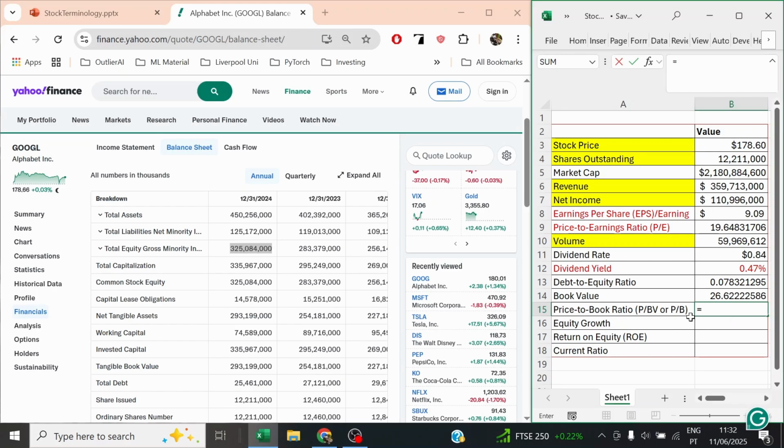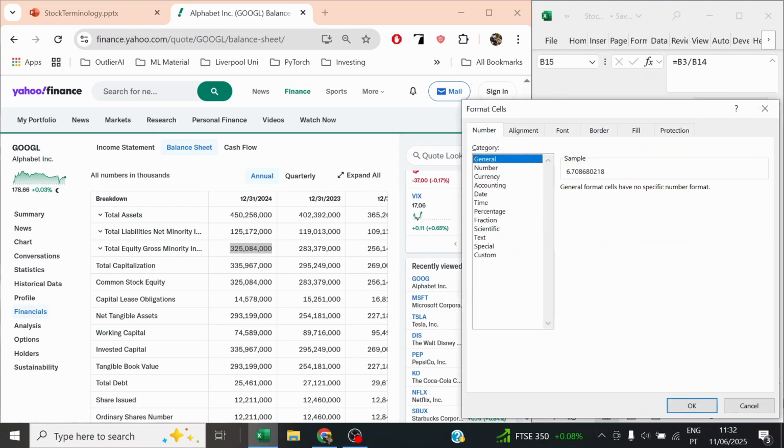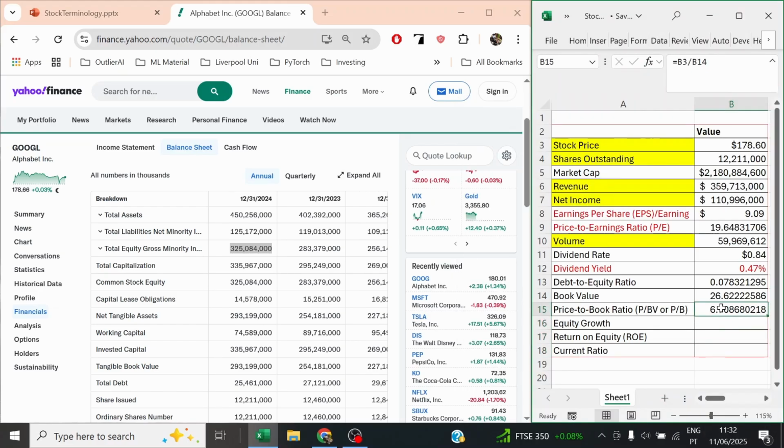So I have the book value, and I have the price of the company right now. Divide it by the book value, and it comes up as 6.71. It should be a ratio, so let me format all those terms to general. Okay, and then it's a ratio.